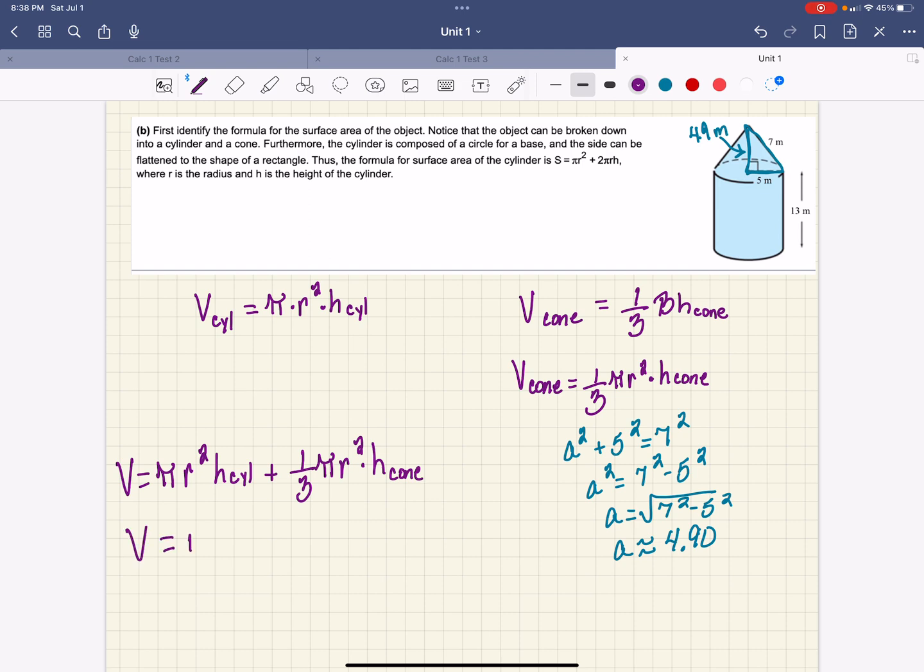So we have pi times 5 squared times 13, because that's the height of my cylinder, plus 1/3 pi times 5 squared times the height of my cone, which is 4.9. And then when we multiply that out, and you want to practice putting that into your calculator, it's just as important to practice doing your keystrokes on your calculator as your other stuff. So the volume is 1,149 meters cubed.